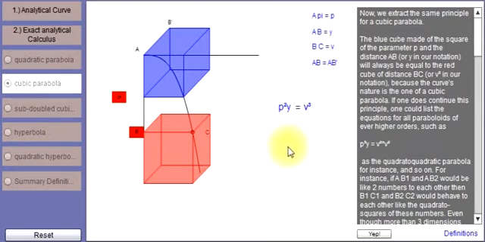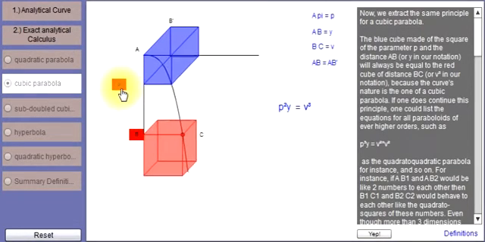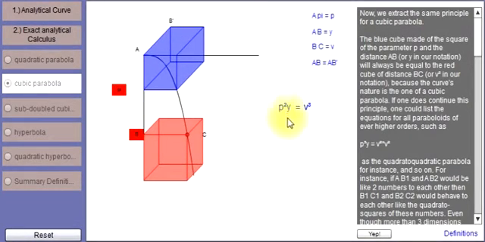So as a cubic parabola is a paraboloid, you see that the relationship is such that the cube of the ordinate is the same as the square of the parameter times the abscissa.